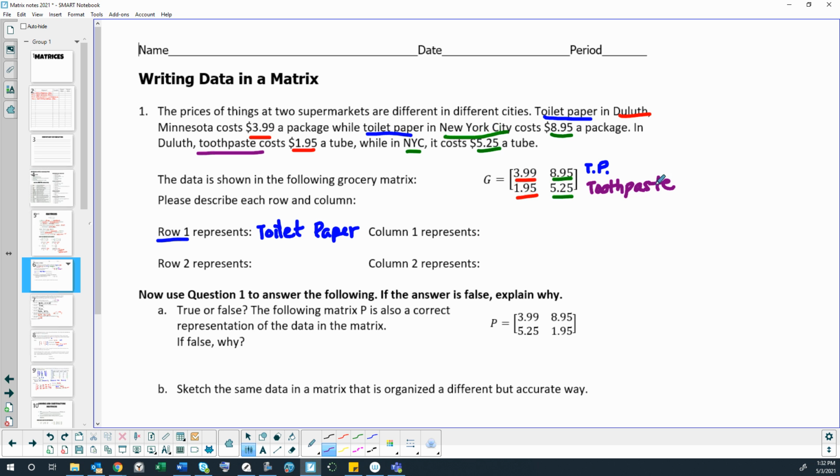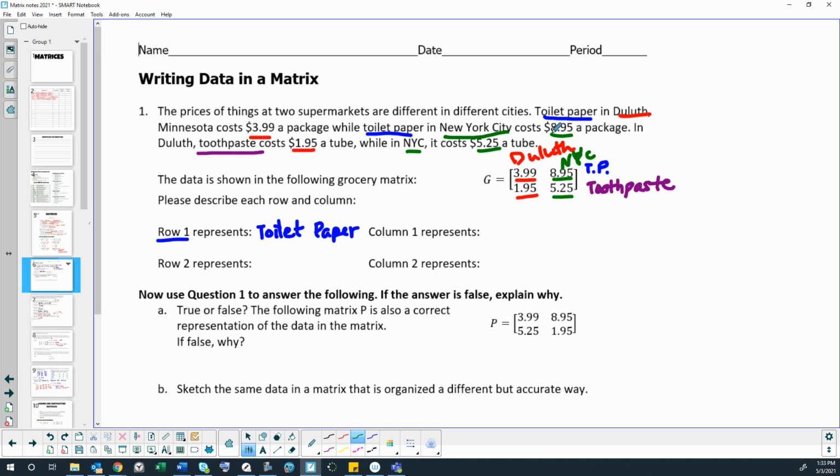And notice how I've been color coding things. Both of these are in red, and I've underlined both of the costs from things from Duluth. So that means that this column is representing Duluth. And then this column right here has the price of toilet paper and the price of toothpaste in New York City. So that one represents New York City, right?